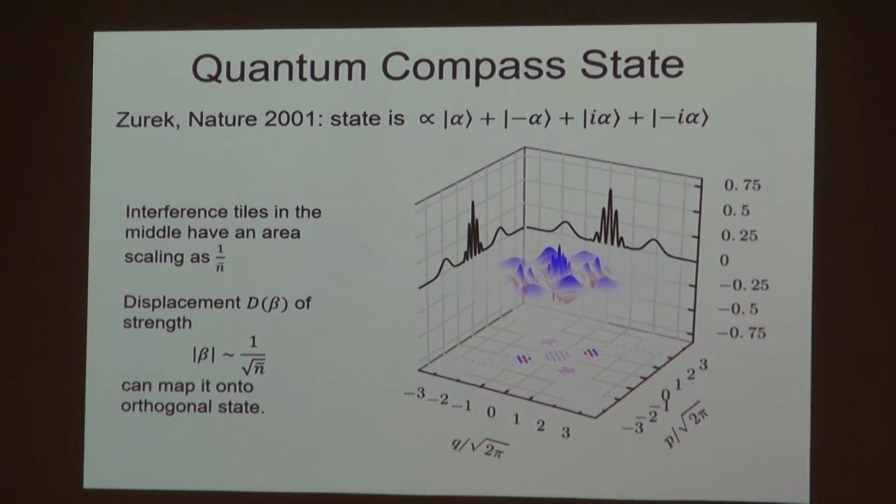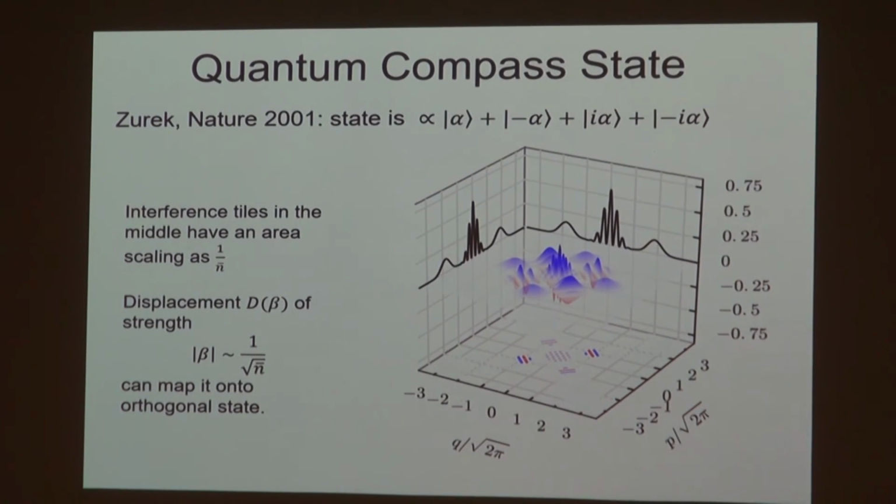Okay, so now one thing I want to comment on, because this came about from discussing with Shulkov the quantum compass state. You can create a superposition, and Zurek in 2001 called this the quantum compass state.